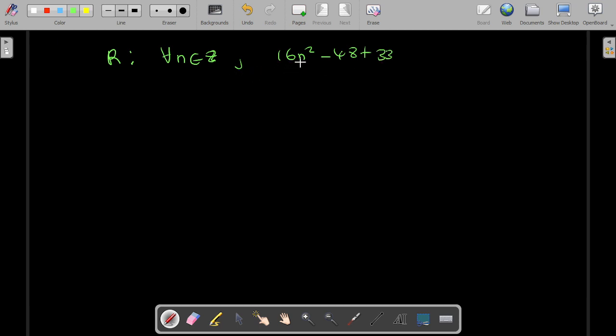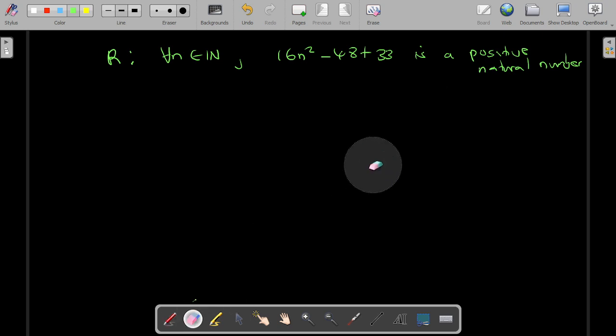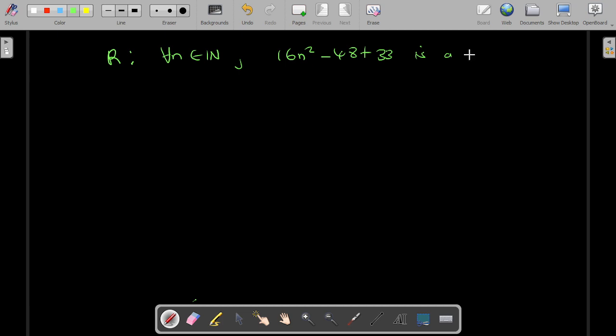To simplify this problem, we can say for all values of n in the set of natural numbers, we have that 16n squared minus 48 plus 33 is a positive integer.